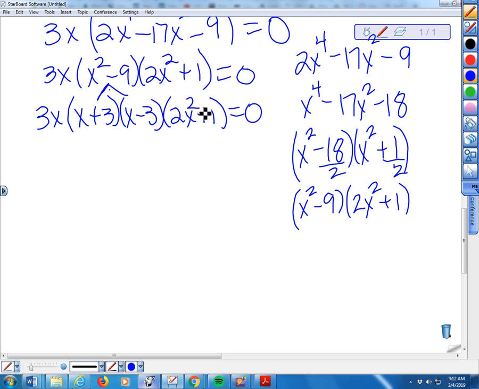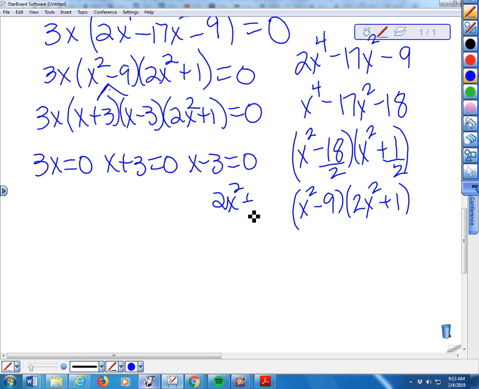Okay, so now, using the zero product property that says if I'm going to multiply all these and get 0, each one of these has to be 0. So I would say 3x is 0, x plus 3 is 0, x minus 3 is 0, and 2x squared plus 1 is 0. So to solve this one, x is 0.